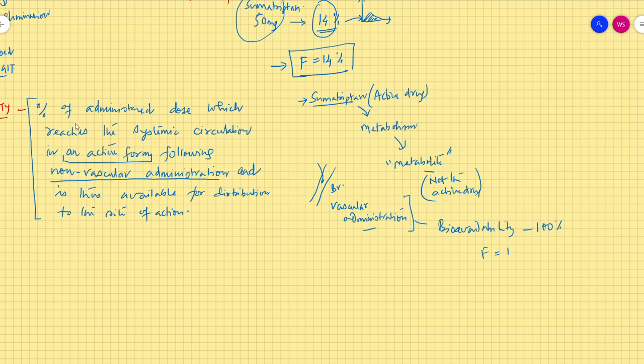Because what is bioavailability? It is the percentage of administered dose. So if you have administered 100% of the drug, and 100% reaches the blood circulation, then F will be 1. So for vascular administration, F would be 1. So we need to remember.